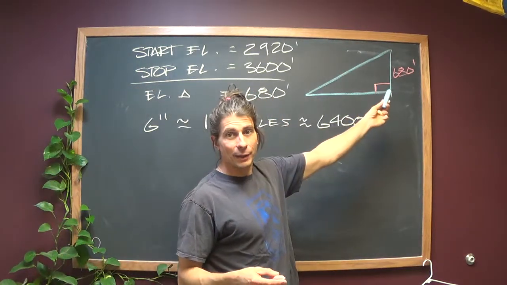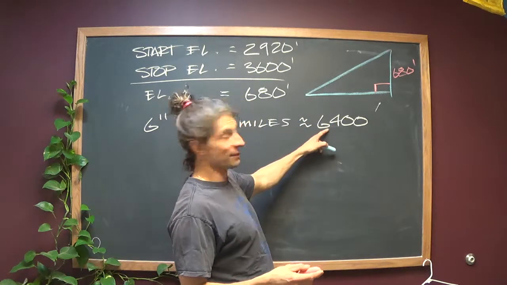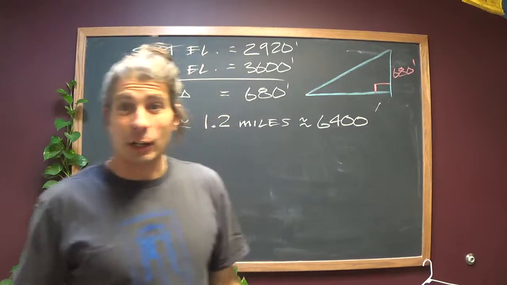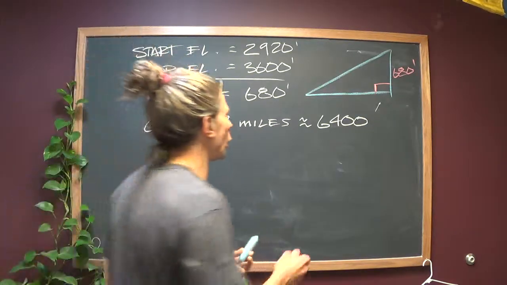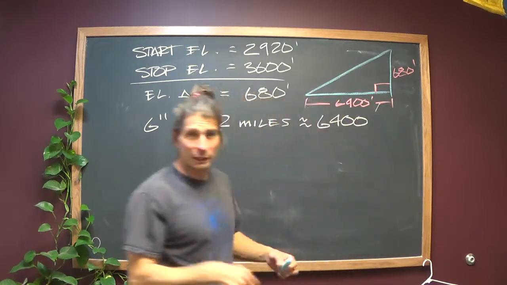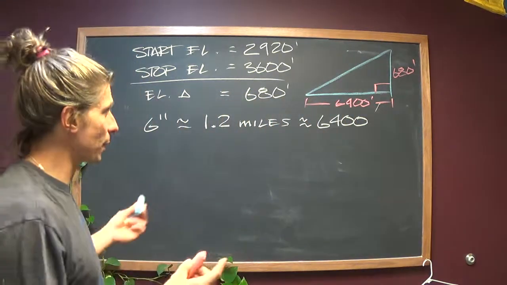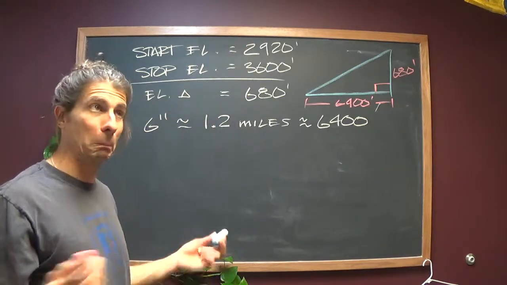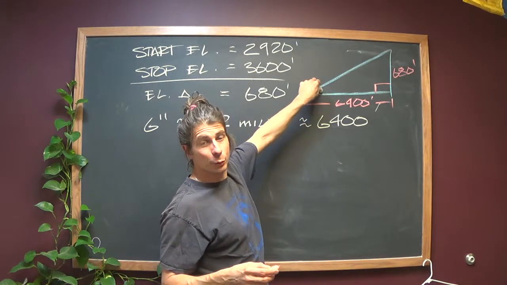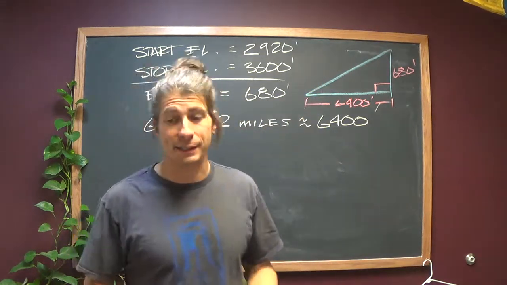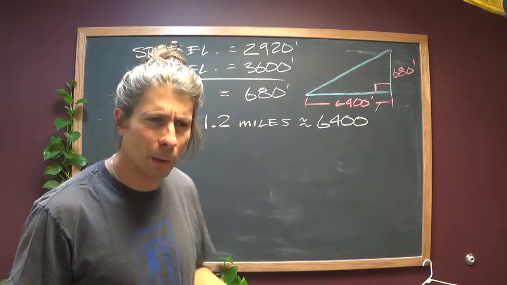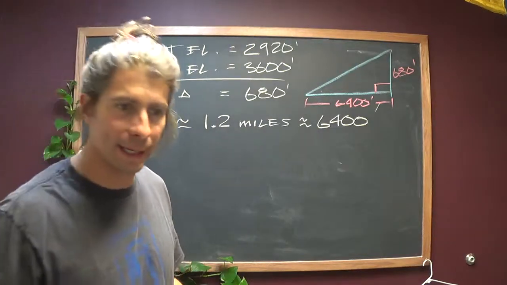So technically speaking, you'd have to use the hypotenuse, which is what this 6,400 actually is, and use that as the run. But we're going to go ahead and just call that 6,400 feet. Now it's actually less than that, because in a right triangle the hypotenuse is the longest side. But because the angle isn't extravagantly large, we learned in class, and you'll also learn on your out-of-class exam, that you can interchange the hypotenuse and the run when the angles are pretty small. Triangles drawn horribly not to scale.